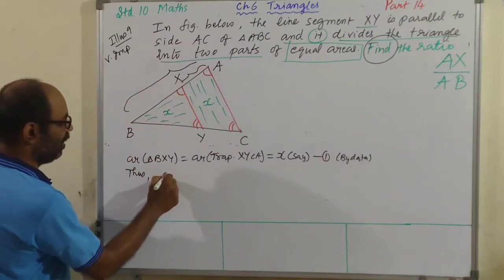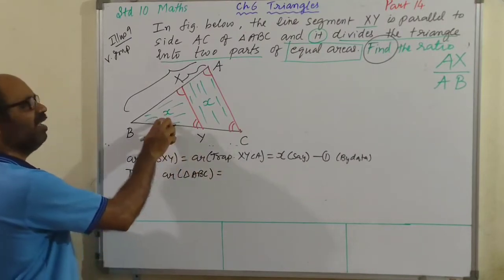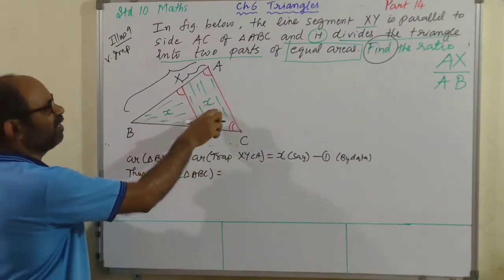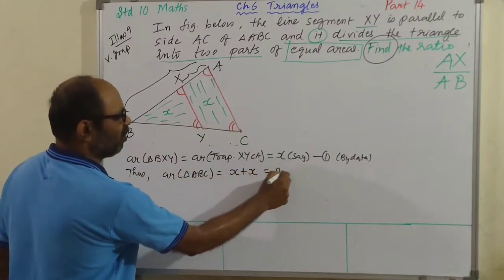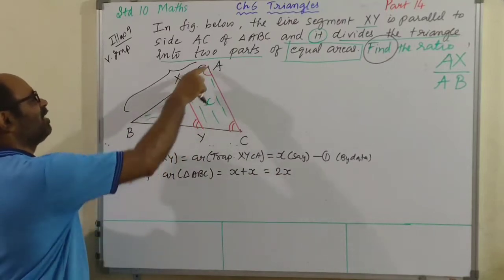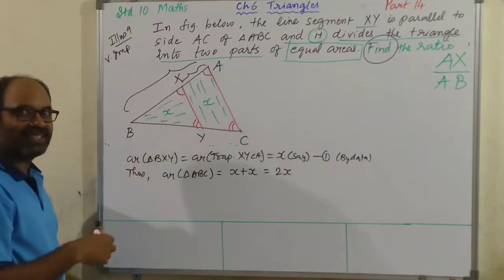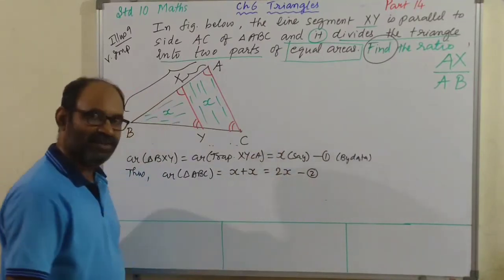Thus, area of triangle ABC is equal to area of this triangle plus area of trapezium. I'm writing directly X plus X and that is equal to 2X. So what is area of triangle BXY? X. And what is area of triangle ABC? 2X. I hope you understood. I'm going to call this result number 2.